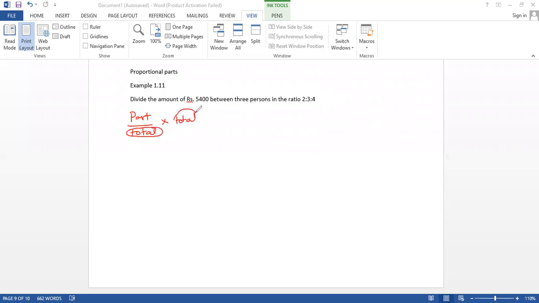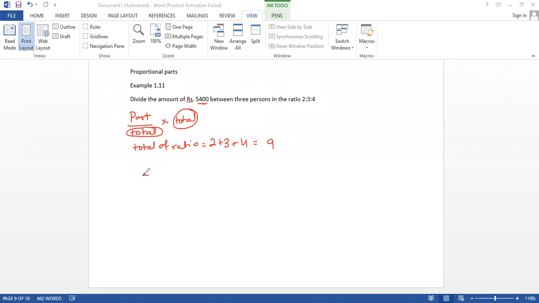For example, we have to divide the amount of 5,400 between 3 persons in the ratio 2:3:4. The first step is that we need to calculate the total of this ratio, which is 2 plus 3 plus 4. That gives us 9.